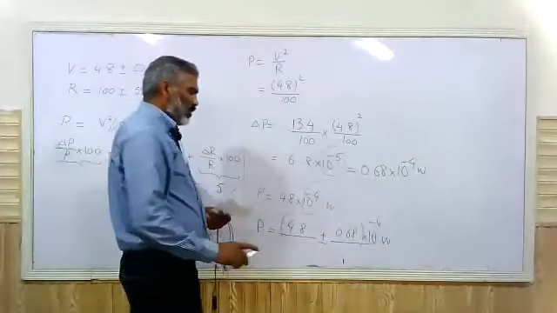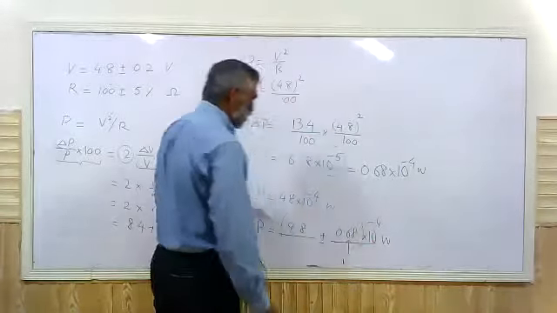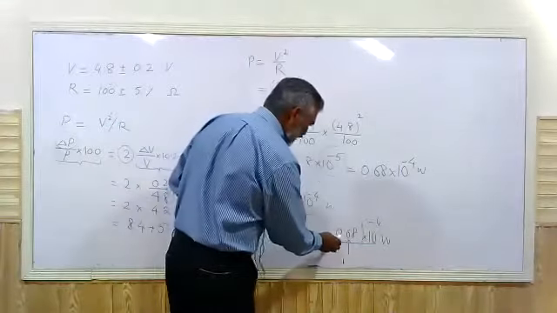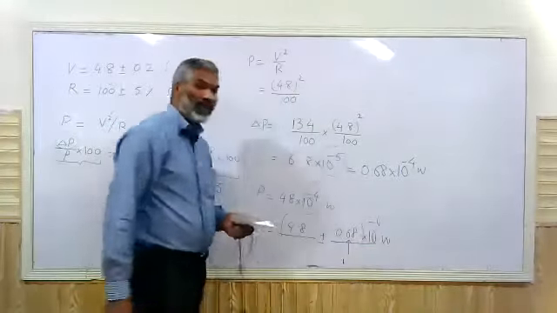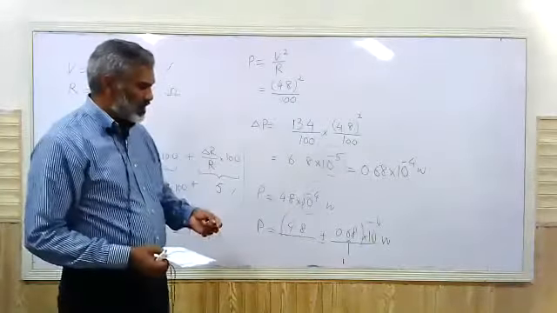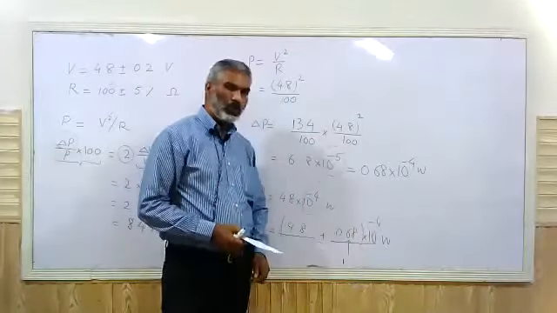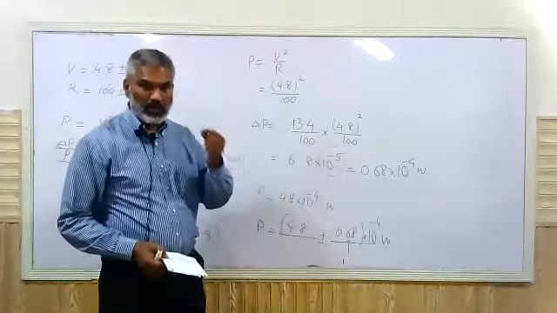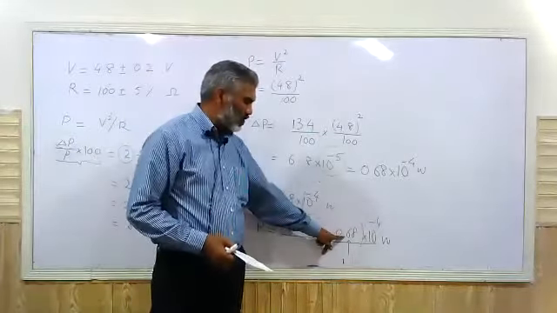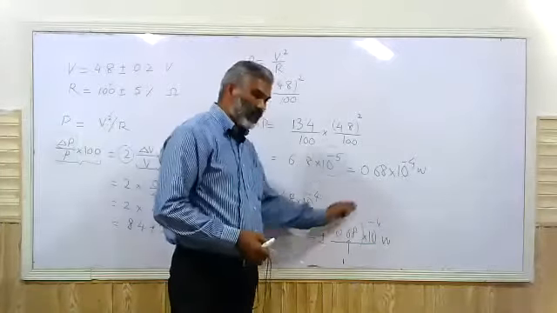But there is one more thing to be considered, and that is this delta P cannot have more than two significant figures. When we say significant figures, that will mean after decimal there should be just one non-zero digit, and that non-zero digit should be after several zeros.